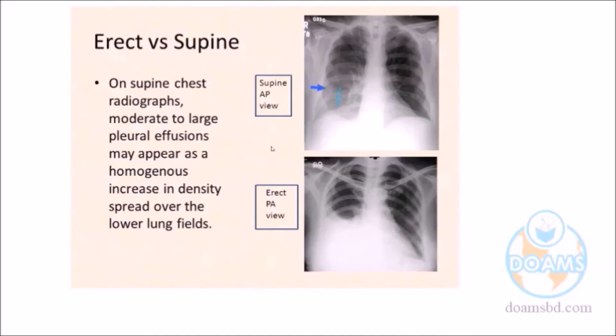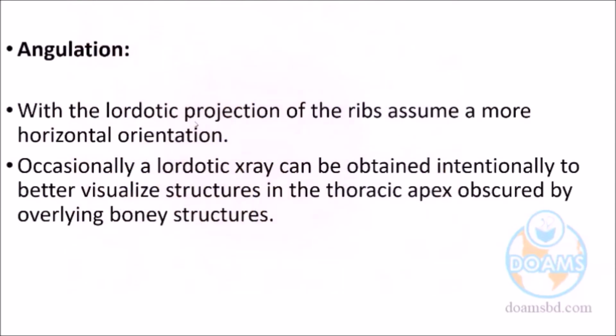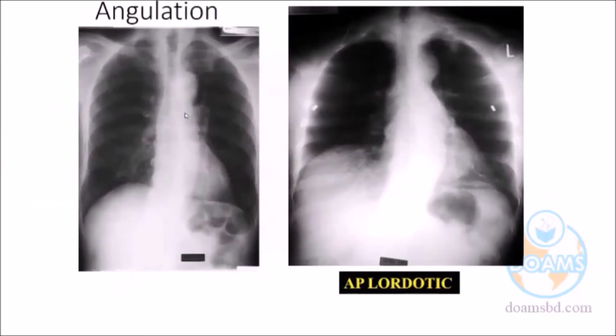This is also a very fantastic difference I would like to show you now. Angulation: there is some kyphosis and scoliosis of the vertebra, meaning the spine is abnormally angulated. It can give a wrong idea of the lung and heart shadow in the X-ray. This is the normal X-ray.